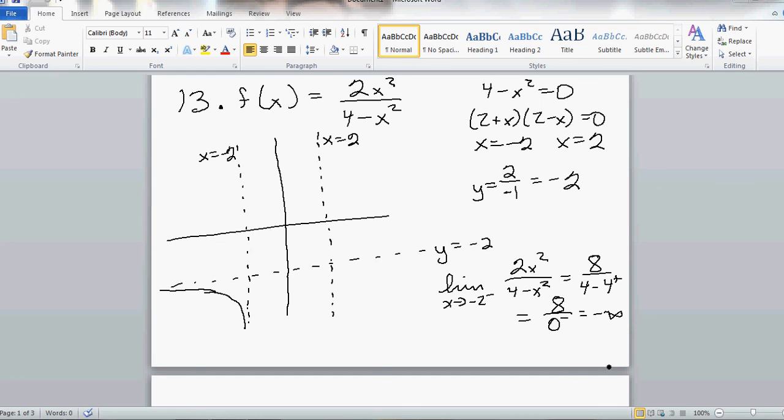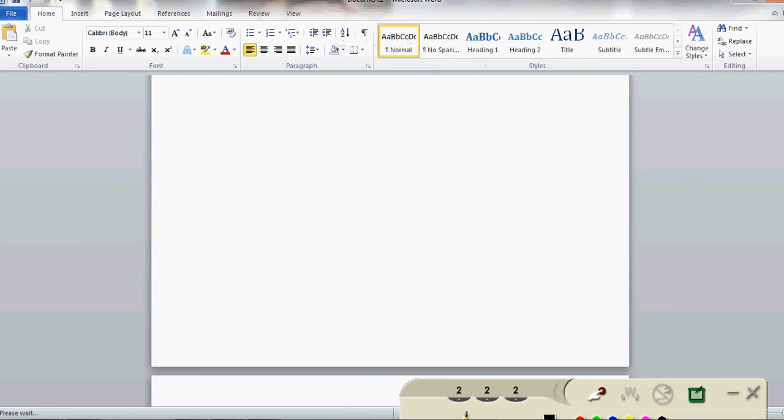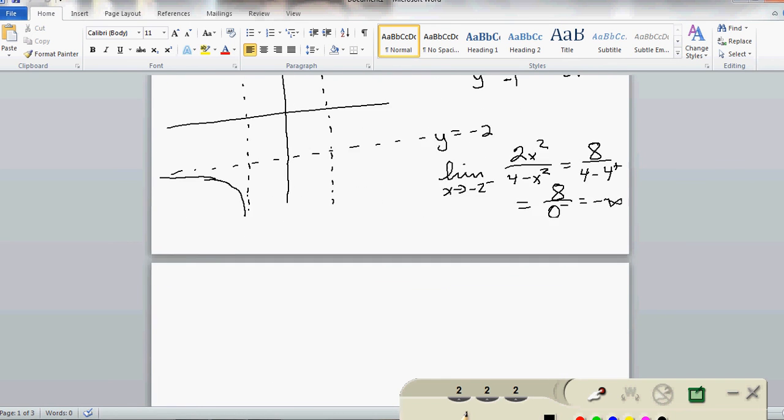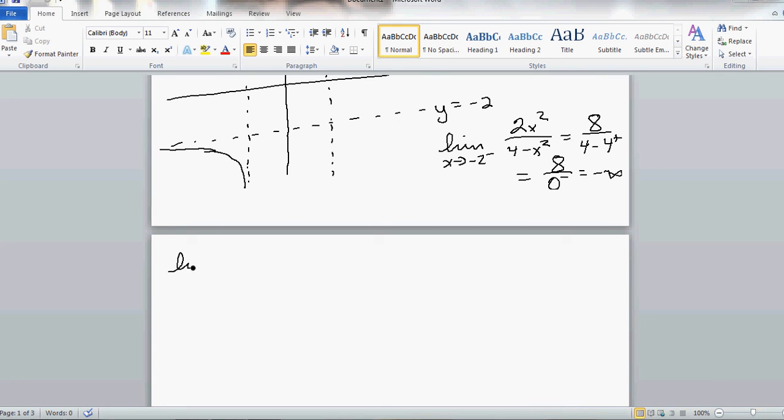Now let's do the limit as x approaches -2 from the right. The limit as x approaches -2 from the right of 2x squared over 4 minus x squared.